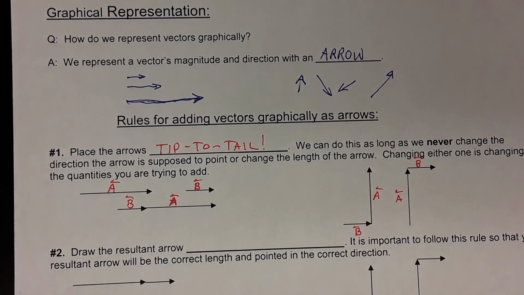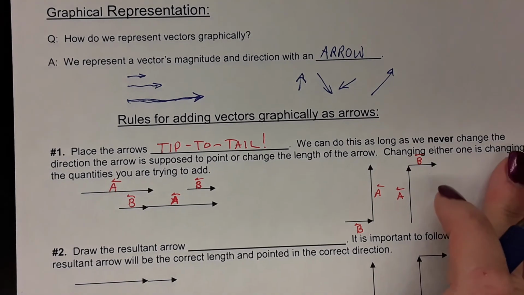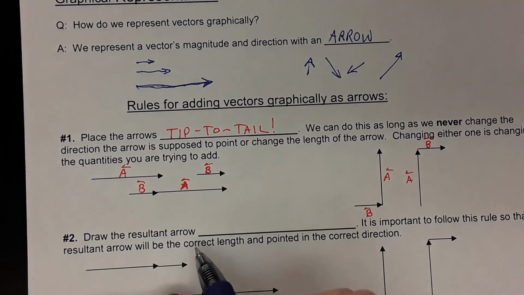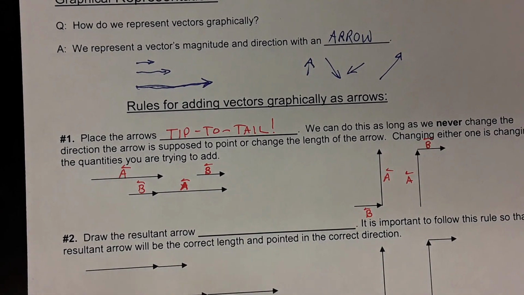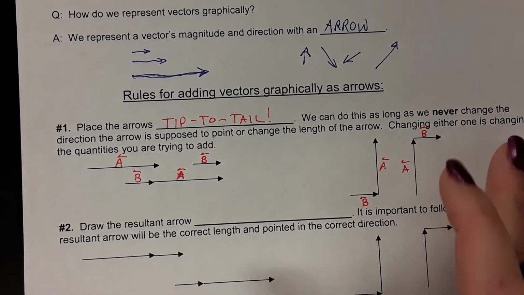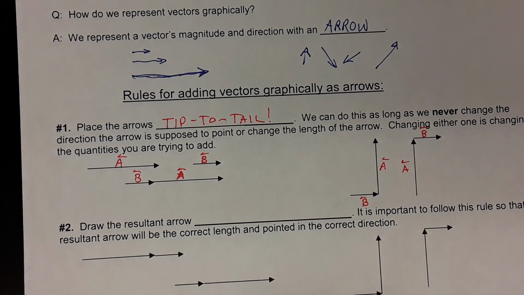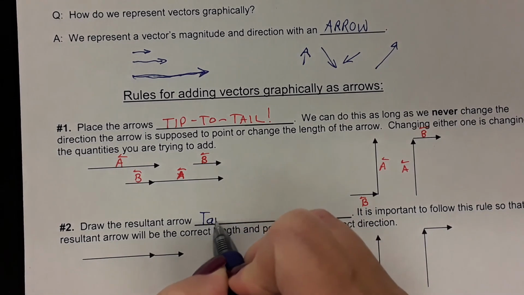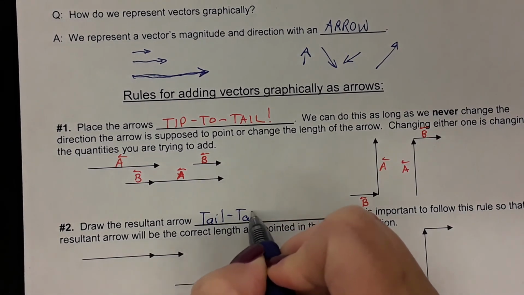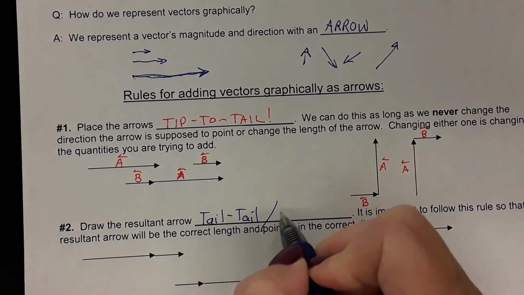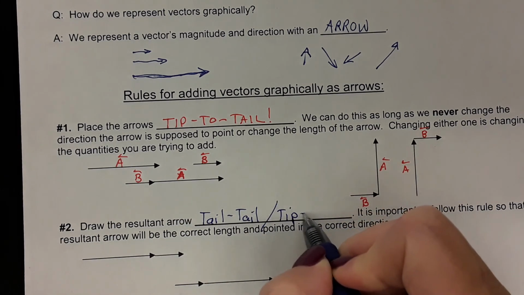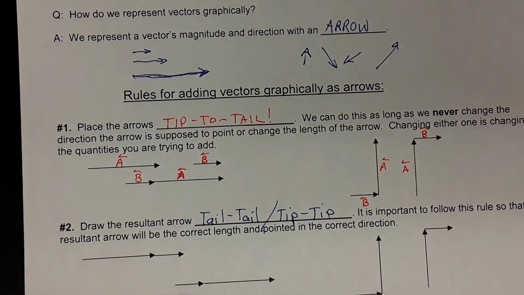But what about the resultant? What about the answer? Okay, well, watch this. This is kind of cool. The resultant is also a vector and therefore should be represented by an arrow as well. When we draw the resultant, we draw it tail to tail and tip to tip between the free ends of the original given vectors.